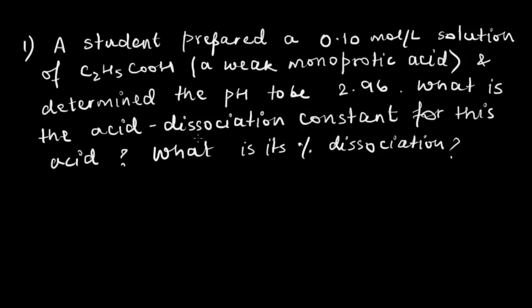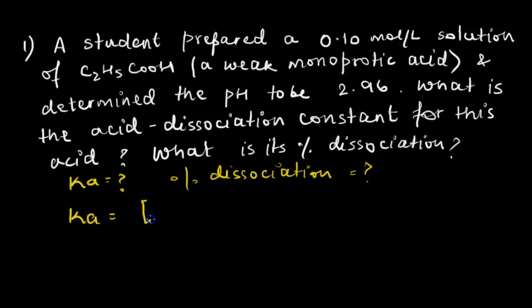What is the acid dissociation constant for this acid? That means we're looking for the Ka value. And what is the percent dissociation? Because we're looking for acid dissociation, we know we are going to get a Ka value from its equation. So let's write this down in a reaction form.